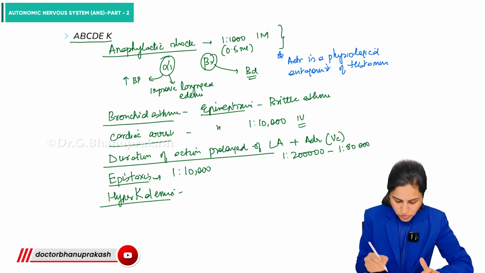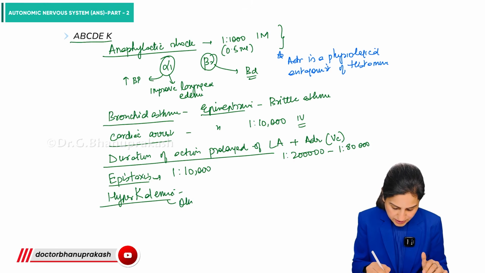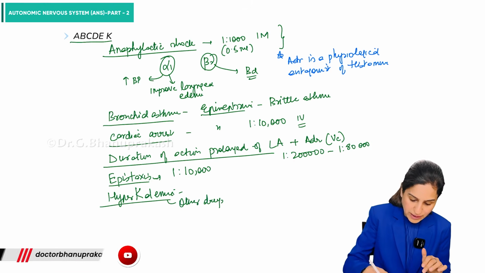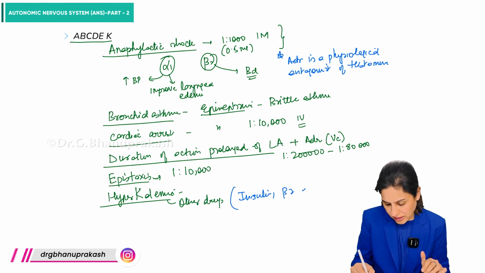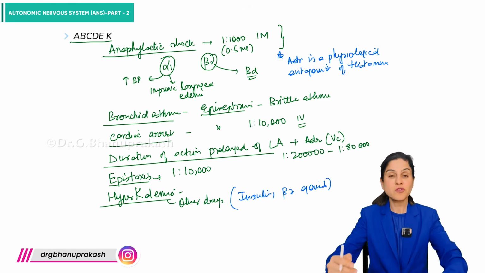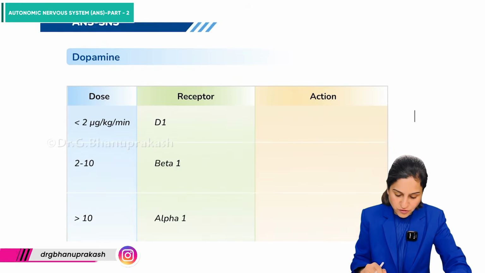So it is also used in management of hyperkalemia. What are the other drugs here? The question is, other drugs which can be used for management of hyperkalemia. Yes, we can use insulin and we can use beta 2 agonists like salbutamol. So they can also be used for management of hyperkalemia. So these are the important uses of adrenaline.